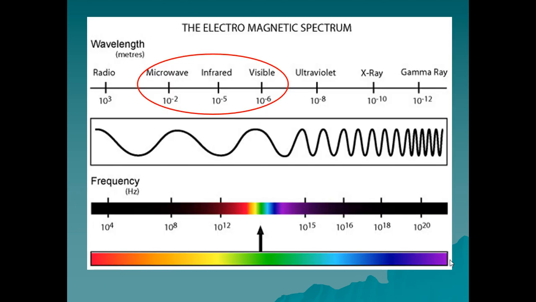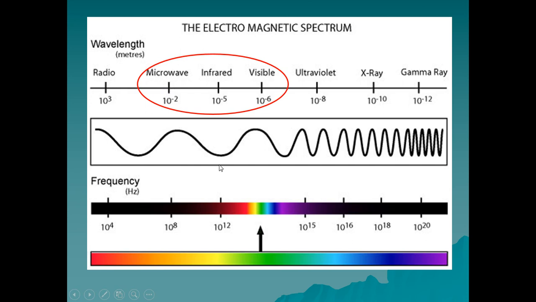For those of you who may not be familiar with it, this is the electromagnetic spectrum represented here for us. And here is an example of the wavelengths that we were talking about. Note this portion here, this red circle portion, is what we were really looking at most: visible, infrared, and microwave.